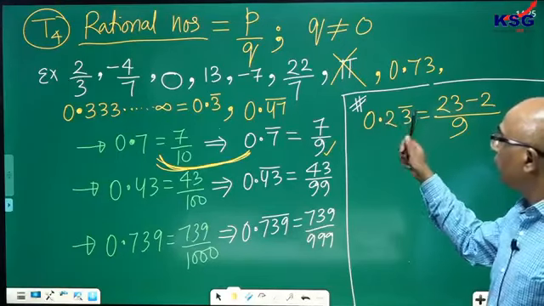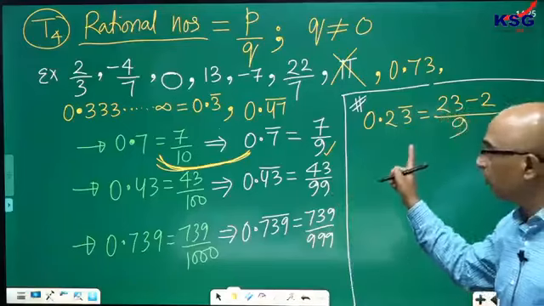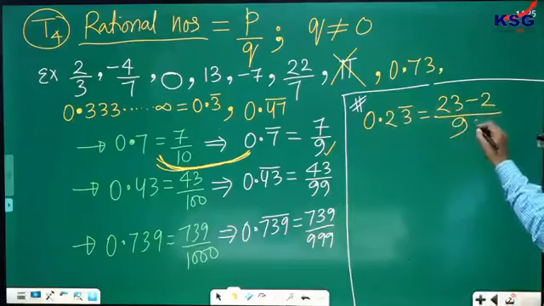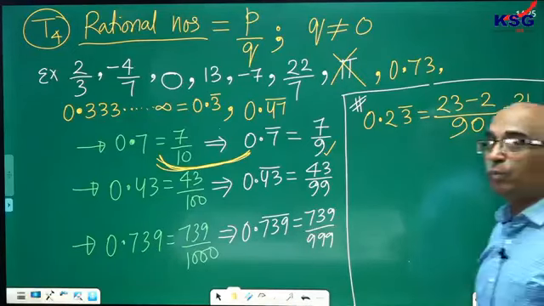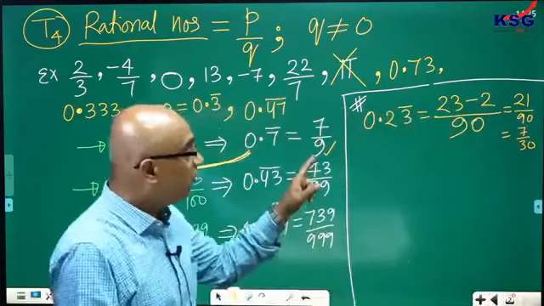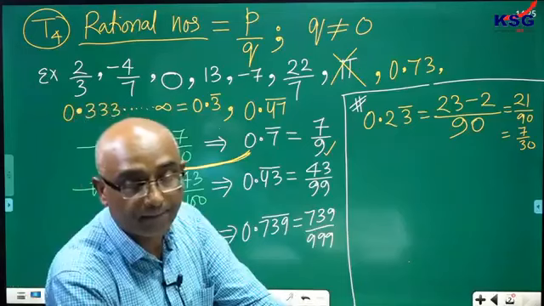Also, only one digit is free from the bar, 2 is free from the bar, so for that digit put 0. Therefore this is equal to 21 by 90, reduced by 3, so 7 by 30. So 0.23 bar is equal to 7 by 30. Students, see one more example.